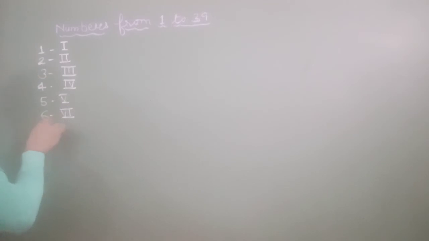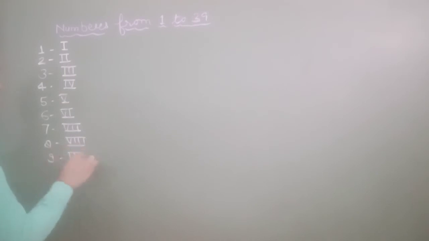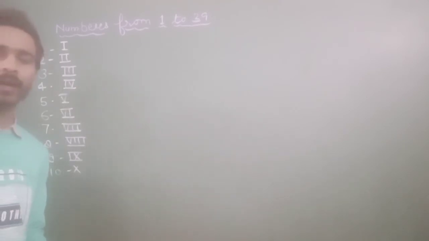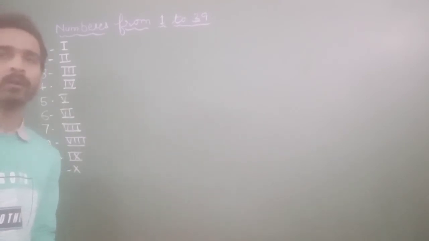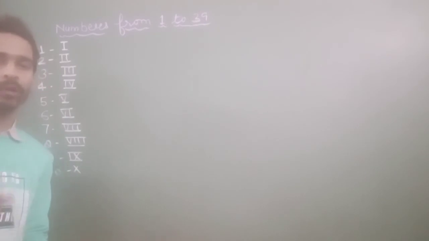For 7, VII. For 8, VIII. For 9, IX. And for 10, X. So you can see here that the letters I, V and X are used to form numbers between 1 and 39.